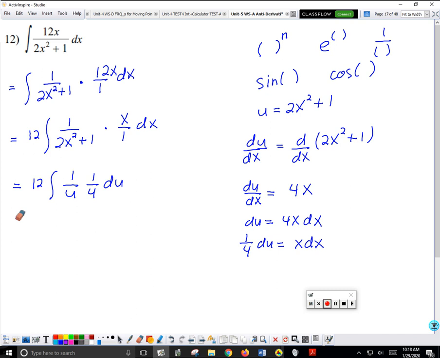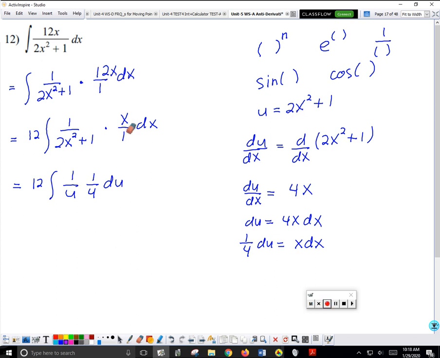Justin, please. How did we change the 1 over 2x squared plus 1? We did not. Right here it says 1 over 2x squared plus 1. Right here it says u is the same thing as 2x squared plus 1. So in place of 2x squared plus 1, I can write u. So I did that.